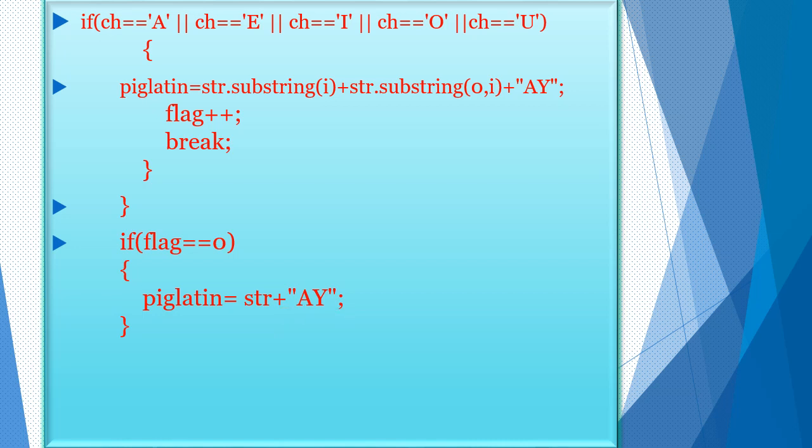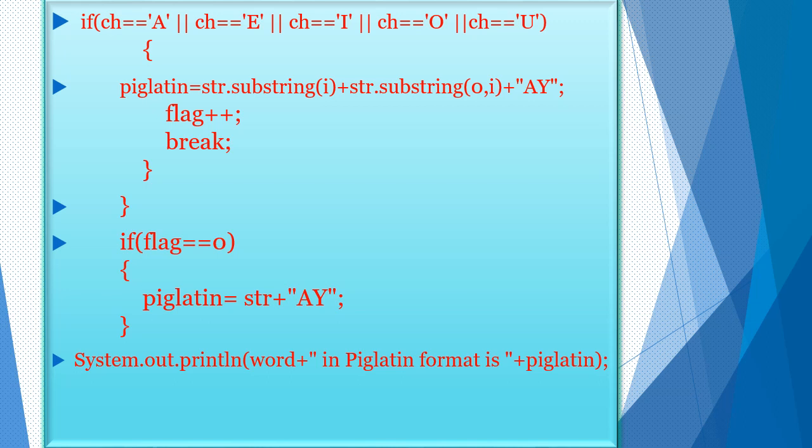Now this is the process of converting a given word into Pig Latin. So when the process is completed, what is stored in the variable PigLatin will be the converted word as given in the question. Now we have to display that word.